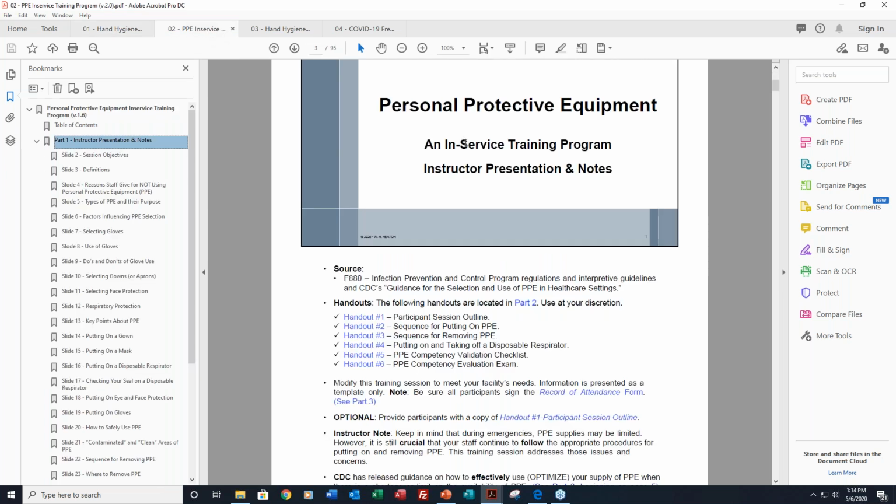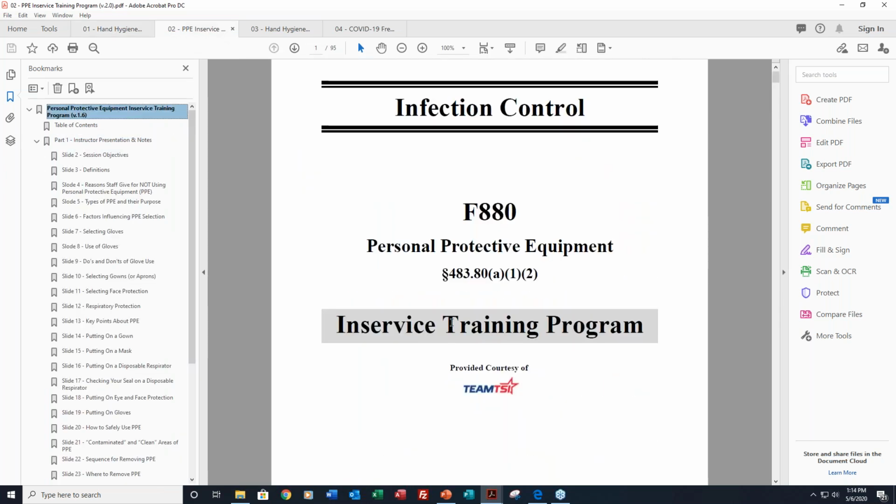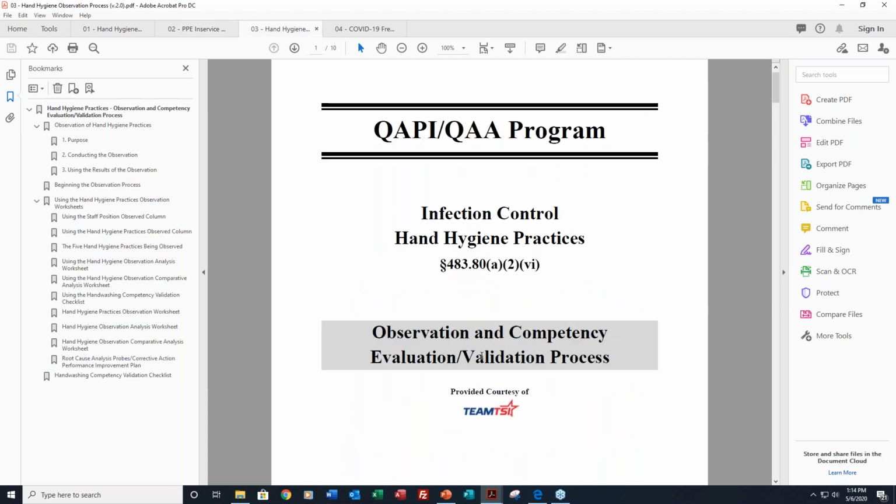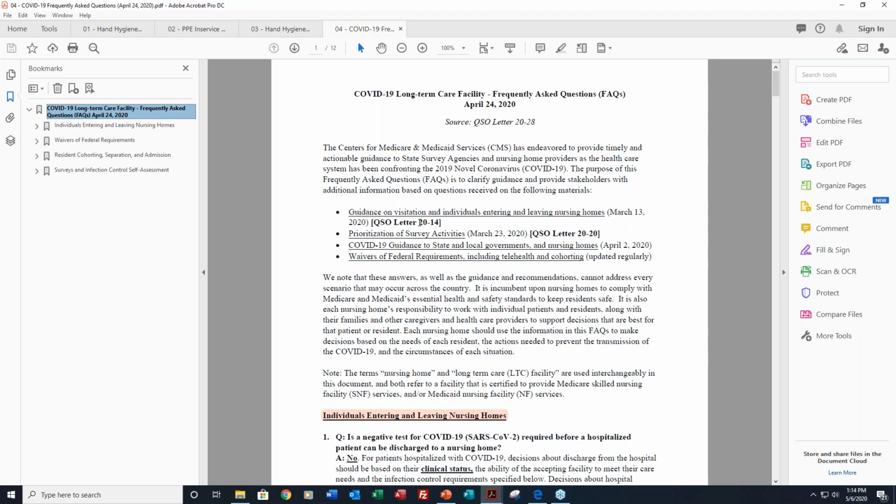There is a protective equipment in-service training program. We're going to look at an observation tool, and then we're going to look at some questions that CMS has received, which they published on April 24th, and some of those deal with the survey process.